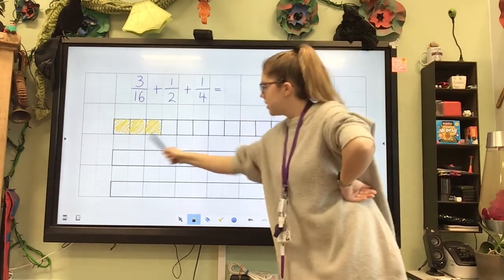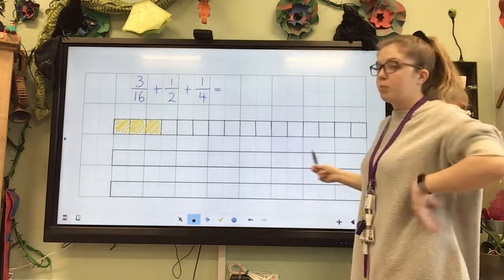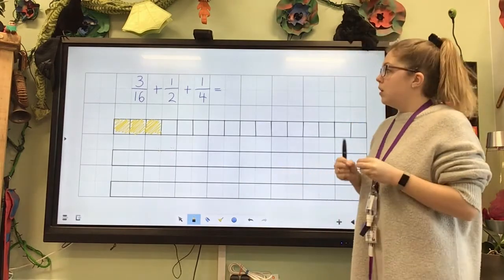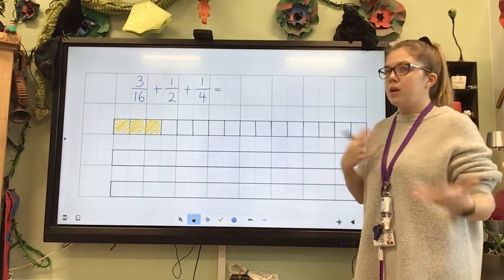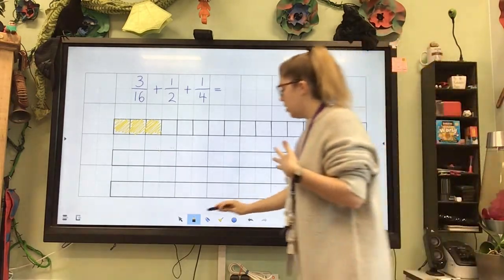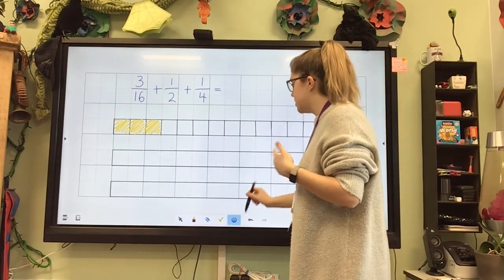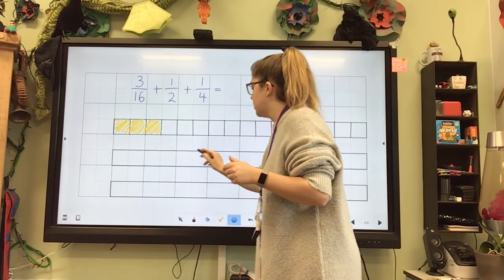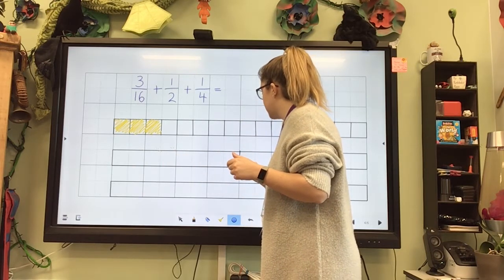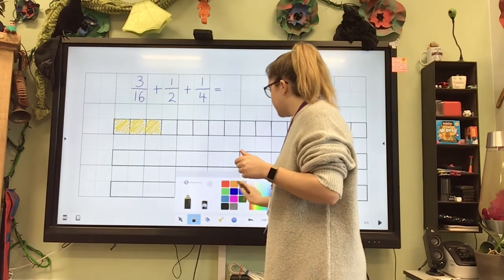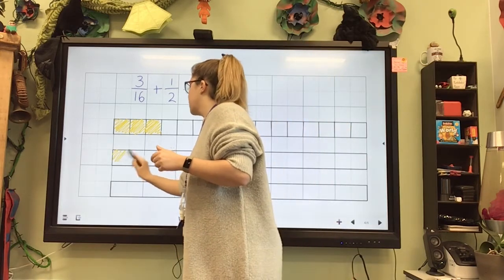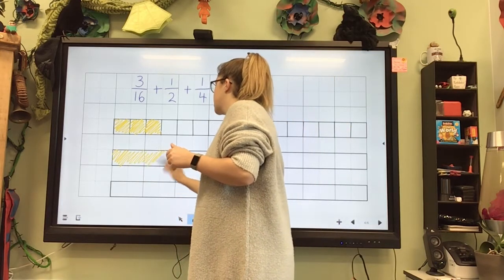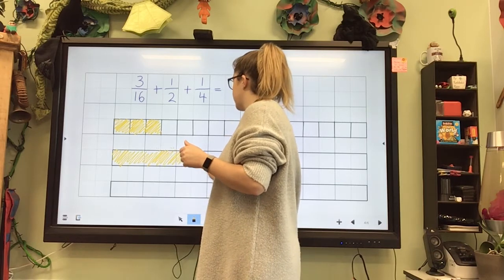So I know there's 16 parts possible on my bar. If I need a half, how many is going to be on each side? Half of 16. That's going to be 1, 2, 3, 4, 5, 6, 7, 8. Lost count there. Right. And I'm going to go shade in my half.